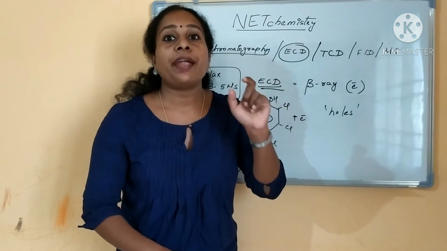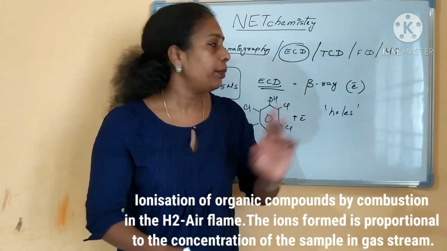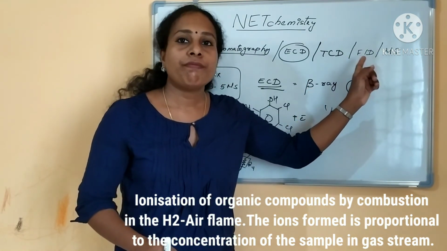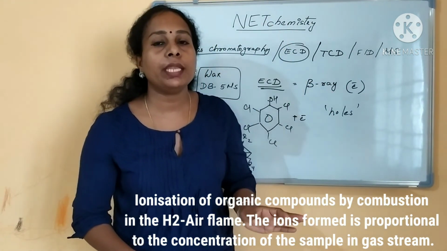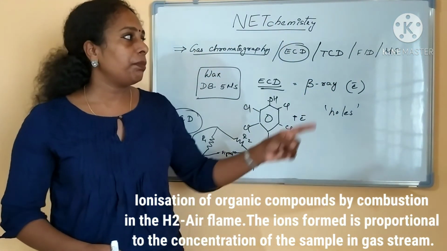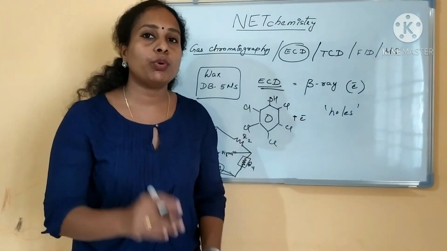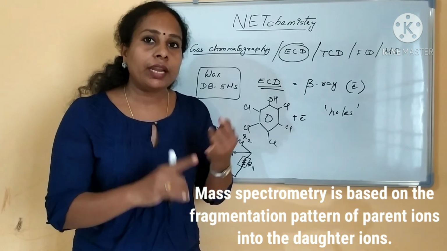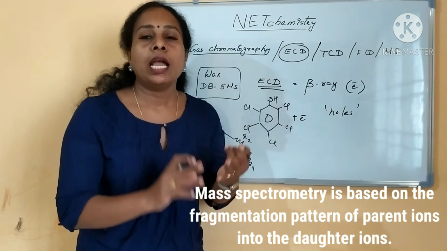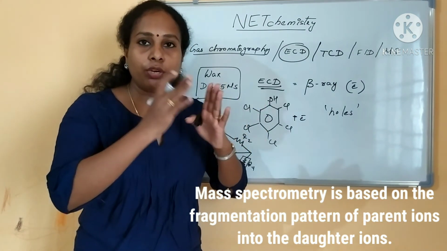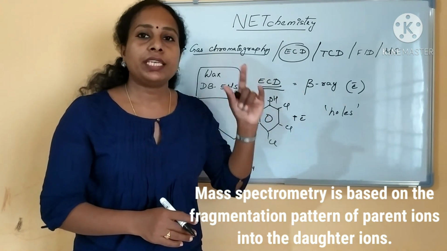Whichever compound is ionizable can be detected by FID based on flame ionization. Once it enters the flame, ionization will happen, and based on that your detector works. MS, as I said for the HPLC instrument, is the same principle. The parent ion undergoes fragmentation, and you get a number of peaks; the parent ion splits into daughter ions, and those give the particular peaks.